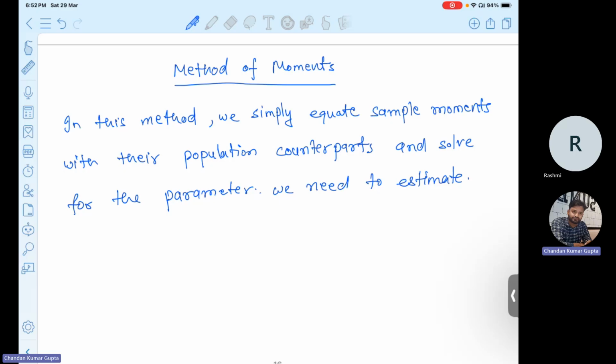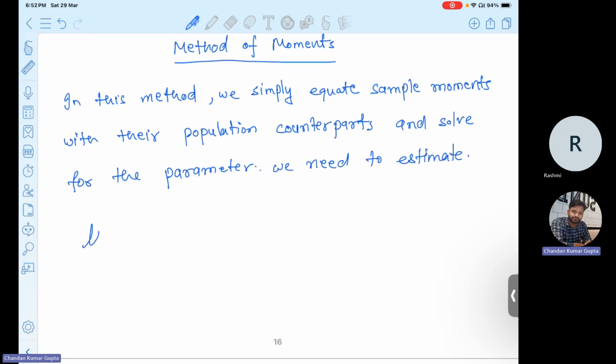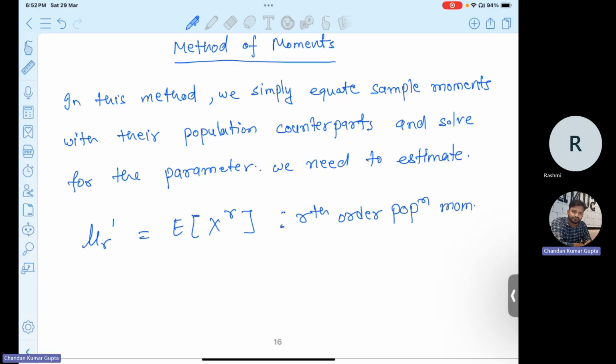Suppose, for example, we use mu r dash, which is defined as the expected value of x to the power r. This is the rth order population moment. And also m r dash, which is 1 by n summation xi to the power r.